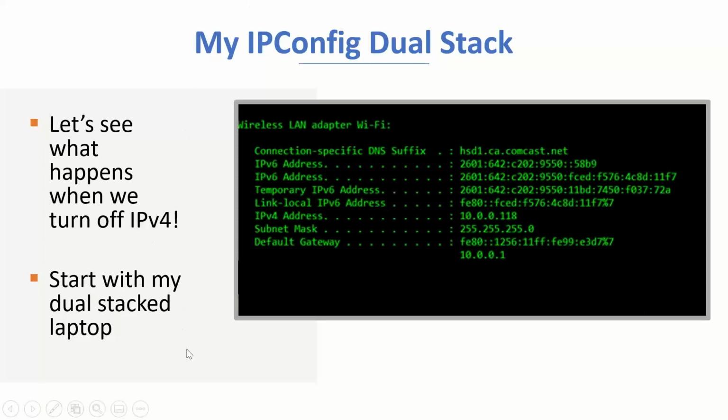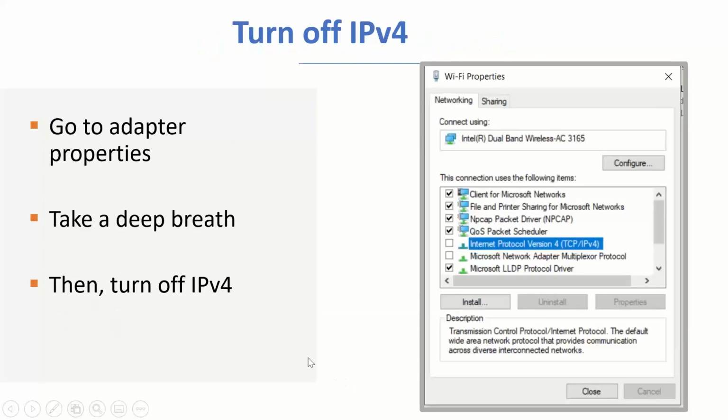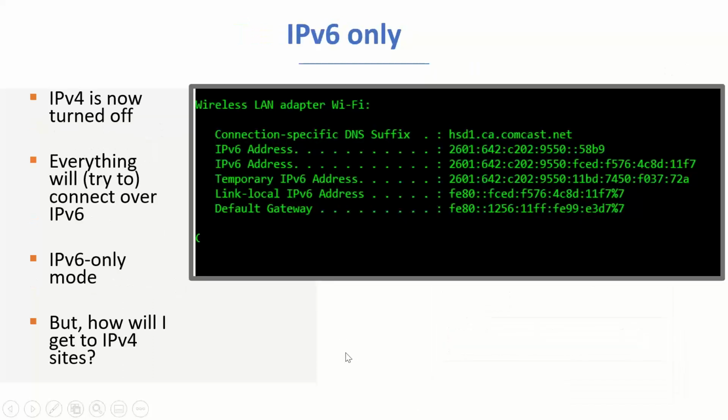And so this is what happened when I turned off IPv4 on my dual stacked laptop. You can see right now, as we showed, it was dual stacked. So how do I do this? I go over to IPv4 adapter properties, and I take a deep breath, and I'm like, okie dokie, here we go. And I turn off v4. And so now when I do my display, you can see that I only have v6.